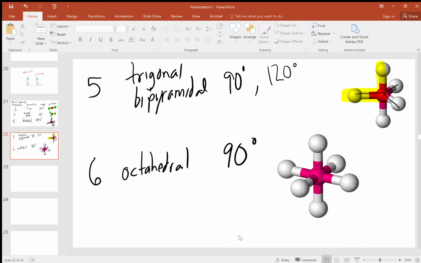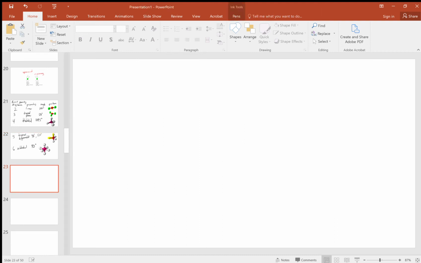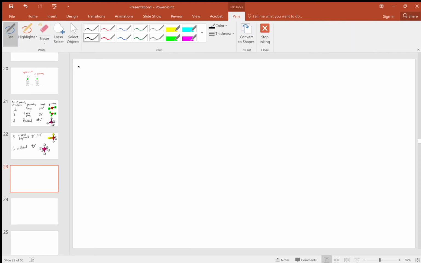But we also need to get more specific. And so when we're going to get more specific, we're going to talk about molecular geometry. So this is influenced by both the number of lone pairs as well as the number of bonds.